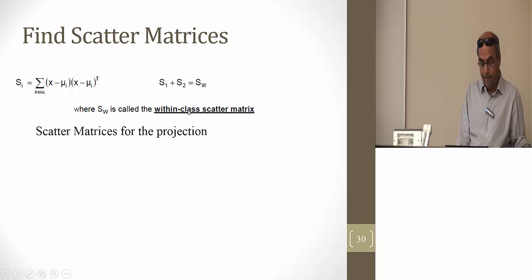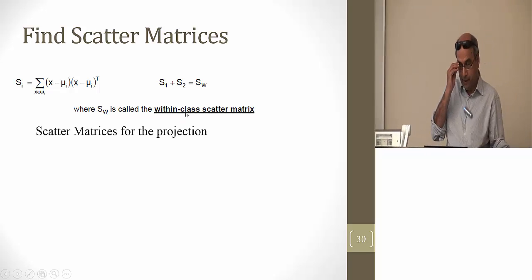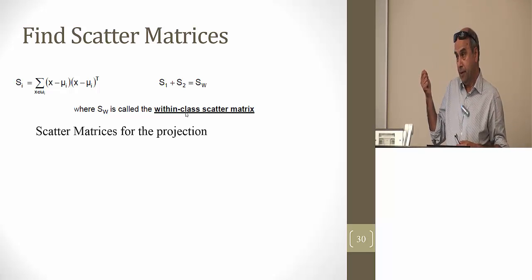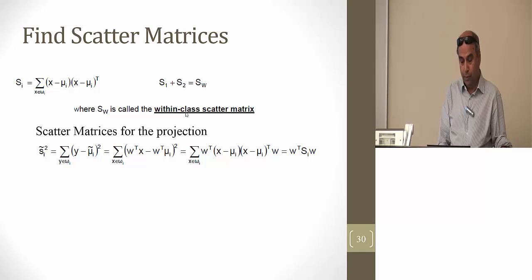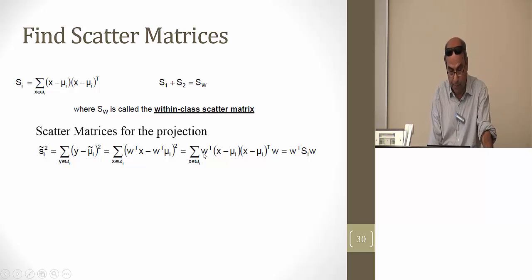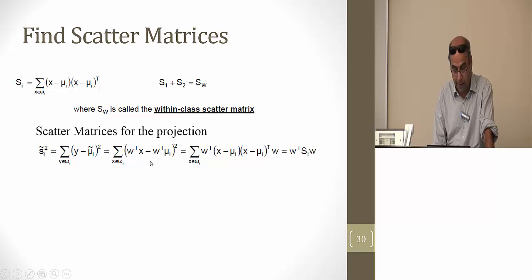Then we actually want these scatter matrices in the projection space, because that's where we want to find the W. So we know that Y is obtained by multiplying W with X. That's the original one. So we can substitute here, and then we can take out W transpose from here, and then X minus mu i.